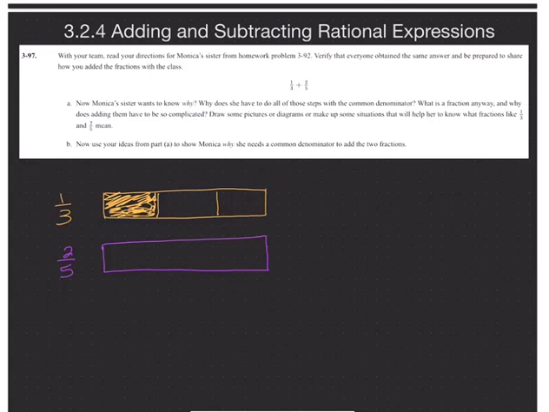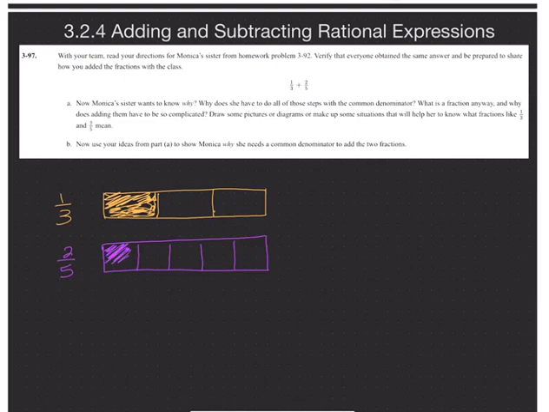So I'm going to go here, here, here, and here. It actually worked out pretty nice, didn't it? And then out of my 5 equal pieces, I'm going to fill in 2. So I have 2 of the 5.